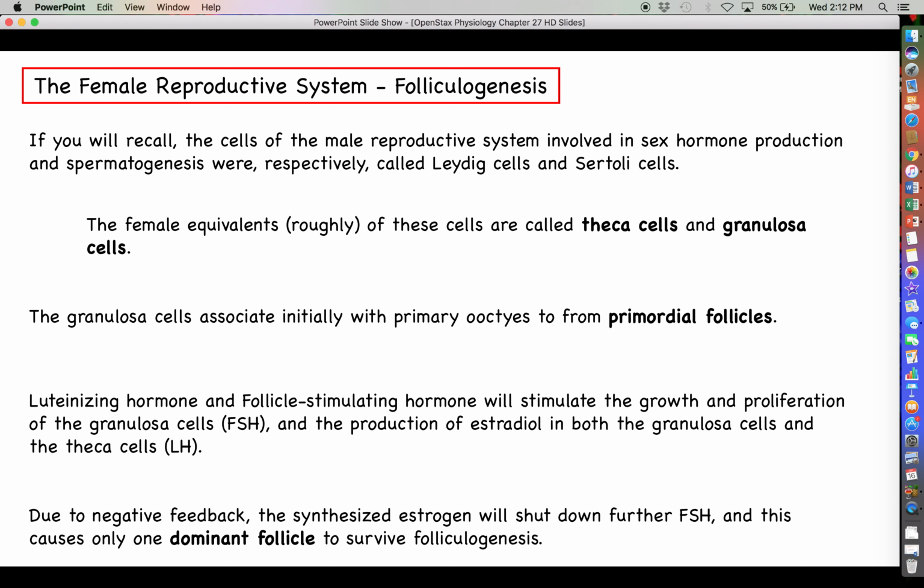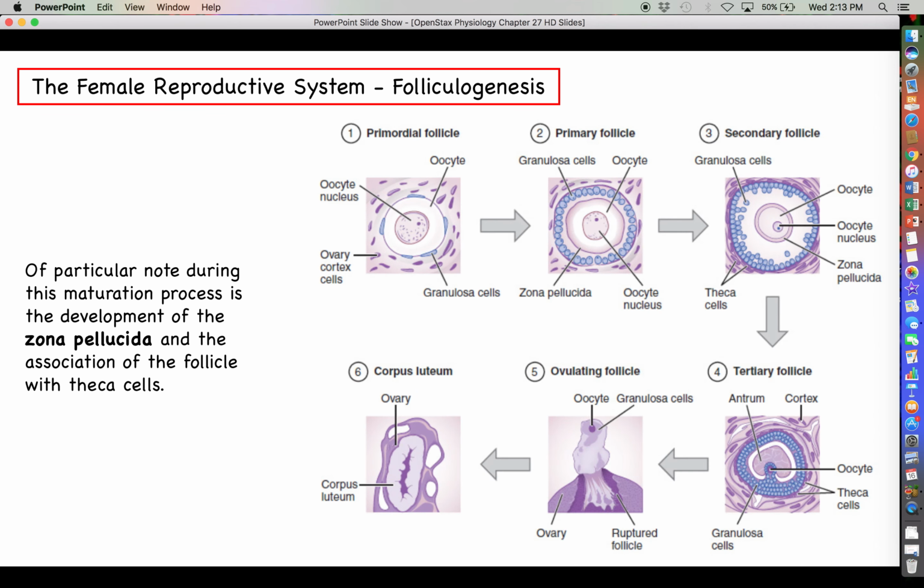So only this first dominant follicle actually forms and survives folliculogenesis. Any other follicles that started to form are going to end up being too immature to really stick around, so they're going to kind of wither away. Only the first primordial follicle that was able to mature into the dominant follicle really sticks around to do anything, and this really helps us to explain why only one egg is produced per every ovulation cycle.